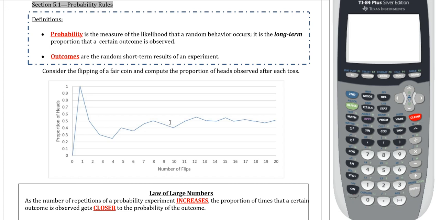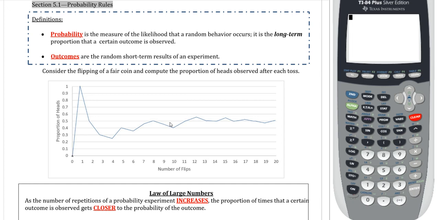Now, in terms of thinking about probability in the long term, which is where you want to get to, I have this little table, or graph, that's showing what happens when you flip a fair coin, so a coin that has a 50% chance of heads and 50% chance of tails, and computing the proportion of heads observed after each toss. The way that I start out here is 0 tosses, so there are no heads.